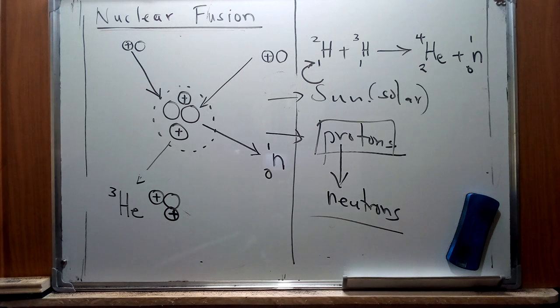This process happens inside the sun of our solar system, as I've said. We're going to see that this process of nuclear fusion, unlike the earlier ones that we had discussed, whereby a neutron was bombarding one of the atoms, entails the fusion of two nuclei and then the release of energy.